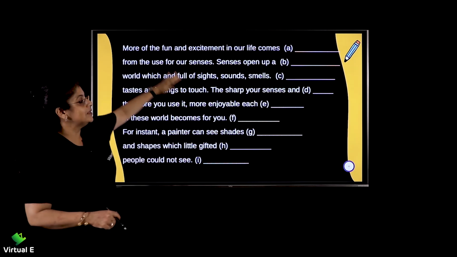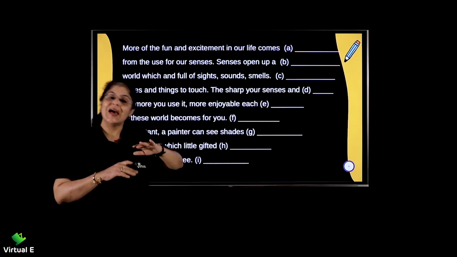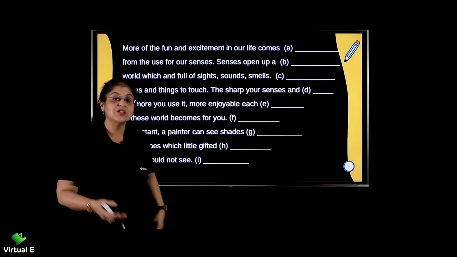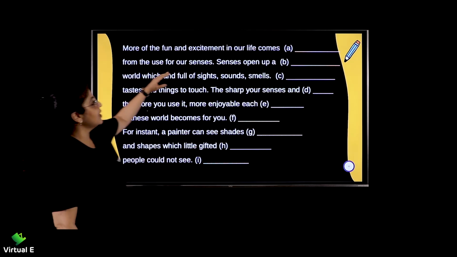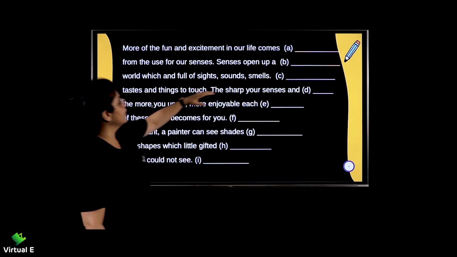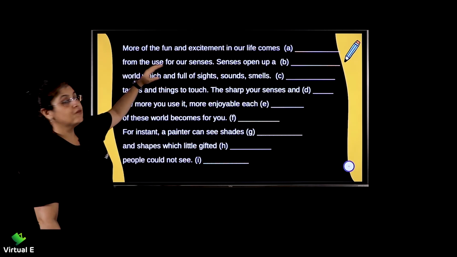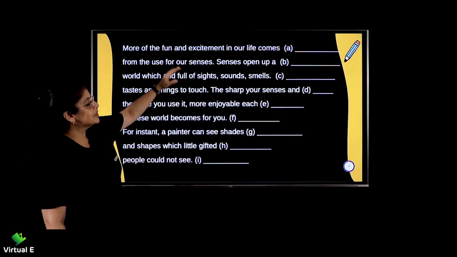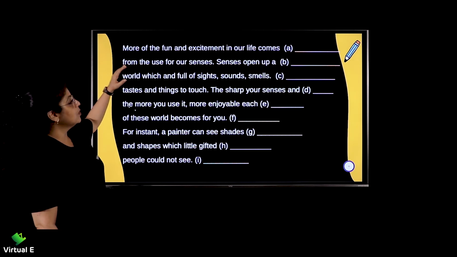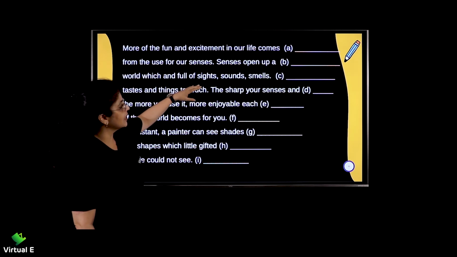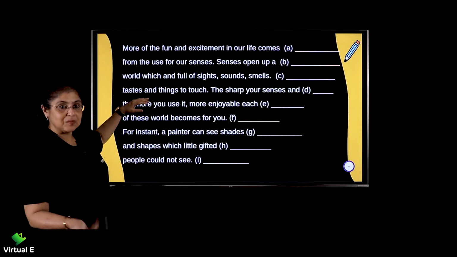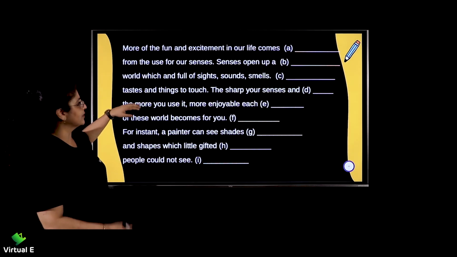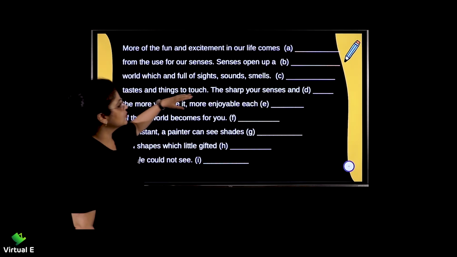But whenever you have editing and omission, please follow this one technique. Always read the entire paragraph as it is. You will get your answers really very soon. So let's do it. More of the fun and excitement in our life comes from the use for our senses. Senses open up a world rich and full of sights, sounds, smells, tastes and things to touch.